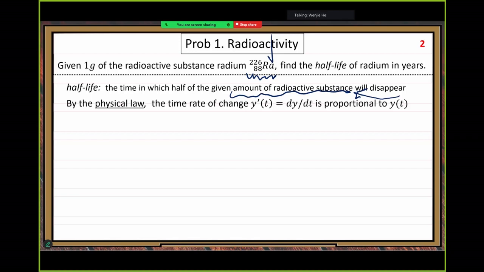But there is a physical law on that y function. What's that law? The derivative y prime of t, that's the time rate of change, is proportional to the original y function.